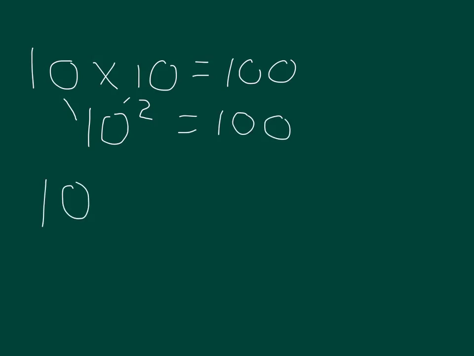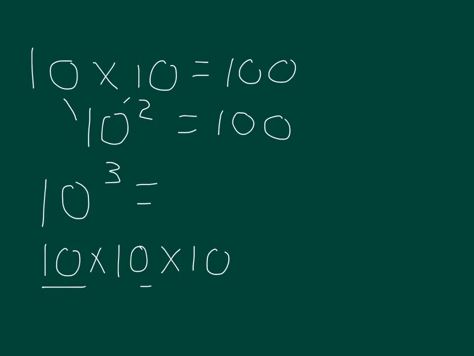So 10 to the third, or 10 cubed, is 10 times 10 times 10. There are 3 tens here, which is why we have the 3 up here. So 10 times 10 times 10 is 1,000.